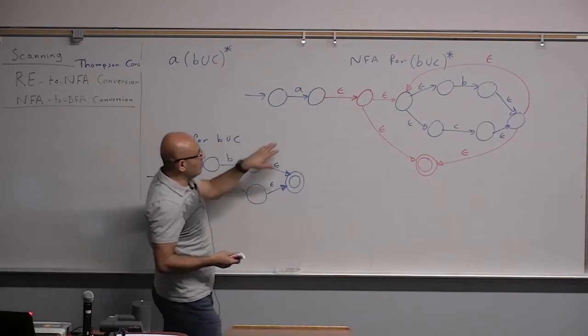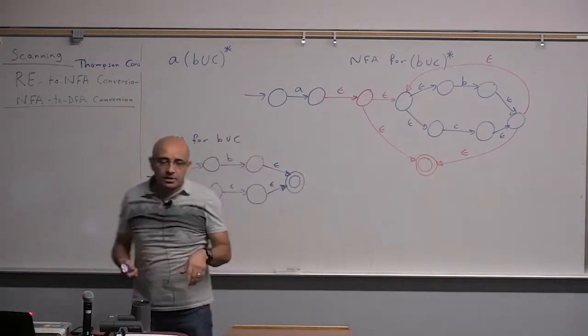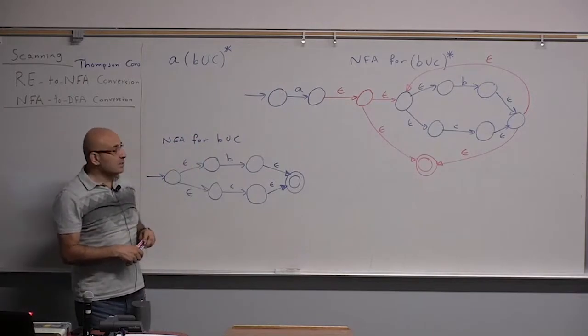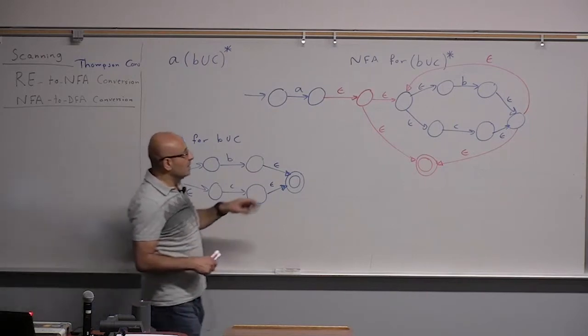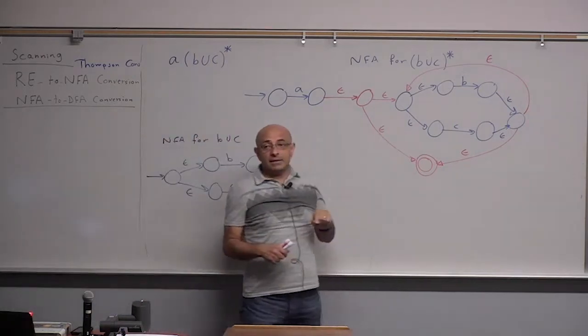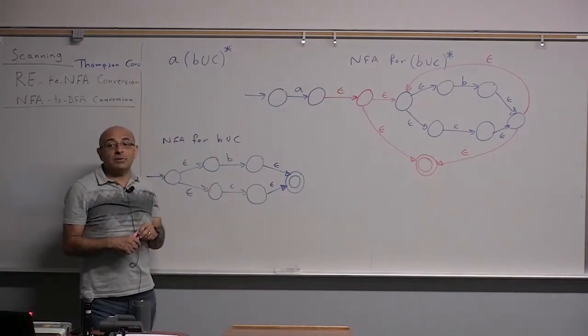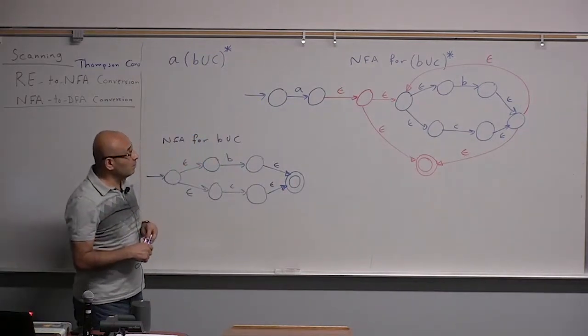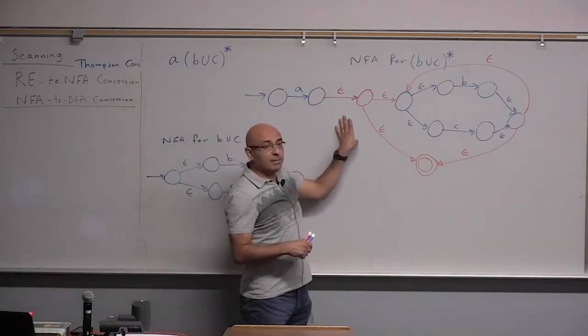Now, the obvious observation here is that this procedure introduces too many what? Too many epsilon transitions. So we will do it systematically, because this is something that we will program. Programs process the input systematically.